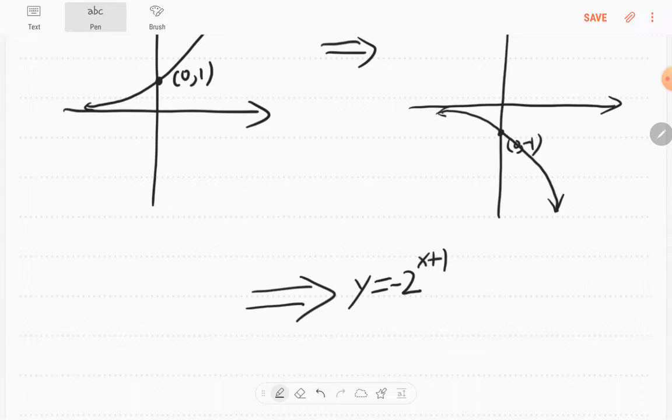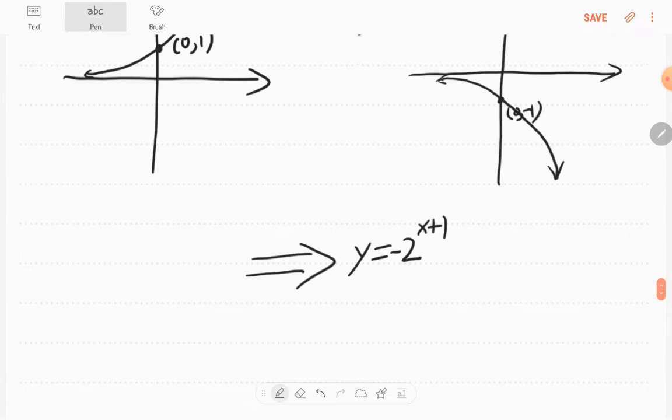We still need to look at some special points. If you move to the left by 1 unit from (0, -1), you get (-1, -1). So you have this point.